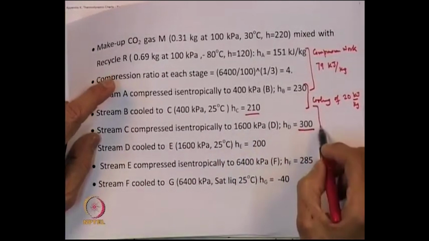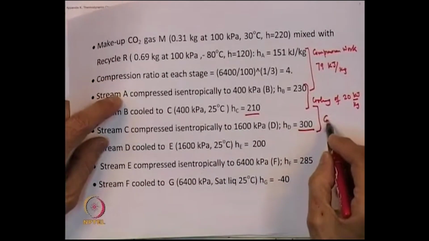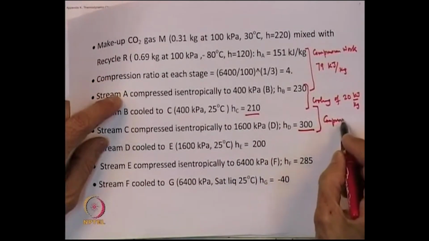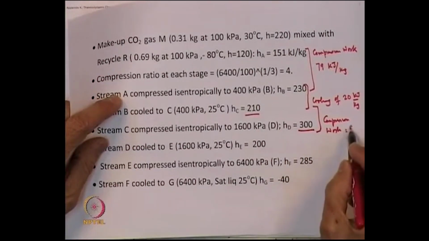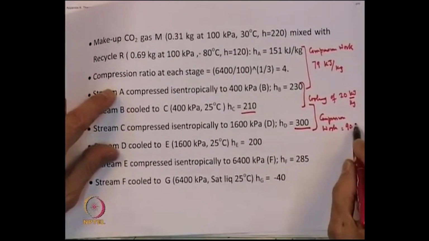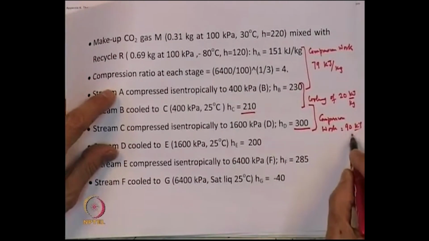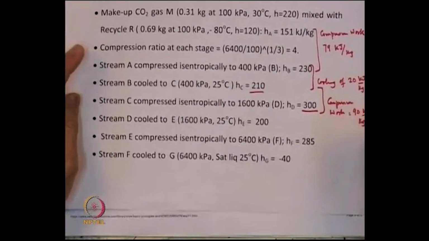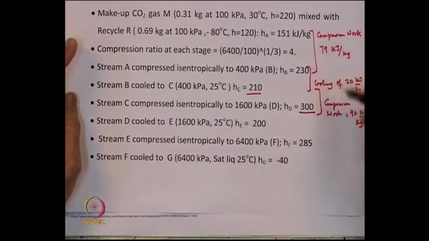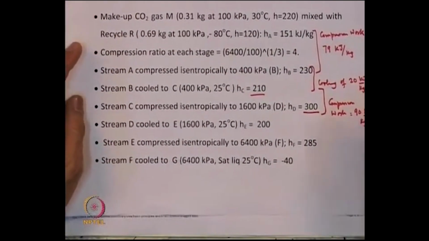So, between these two, you know that the compression work is 90 kilojoules per kg. So, you got first stage compression work, second stage compression work.